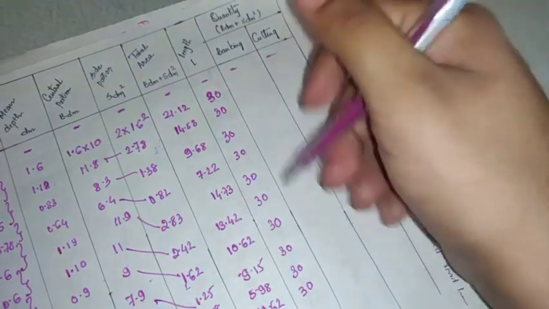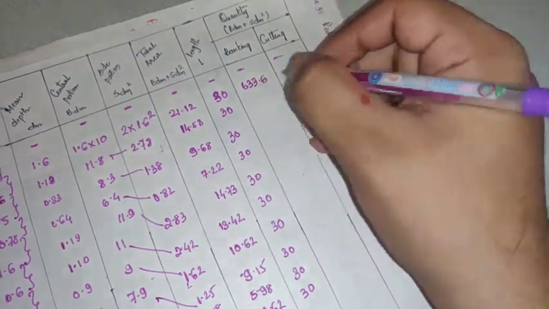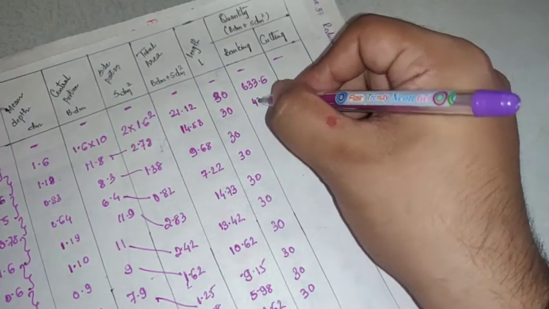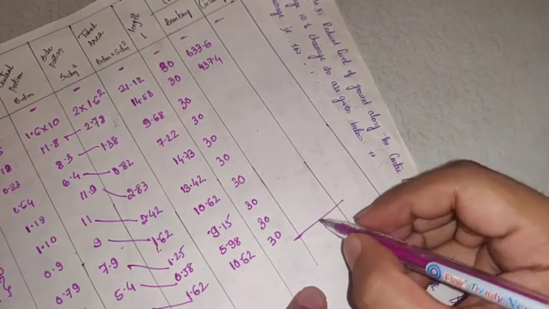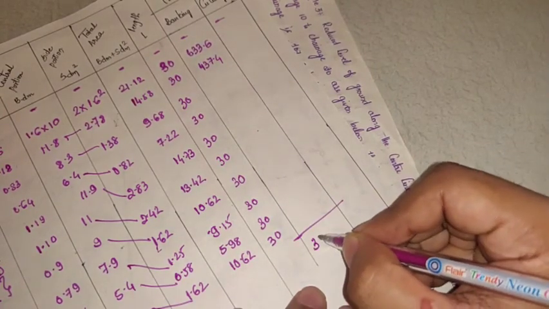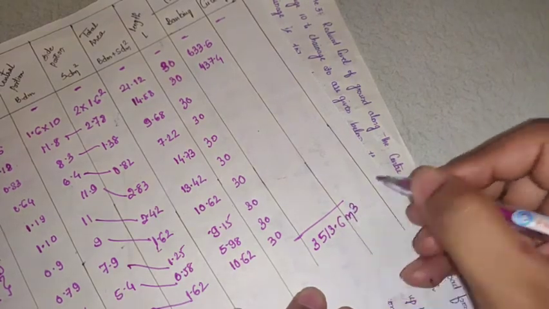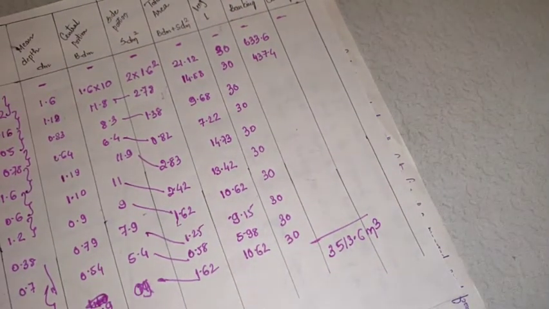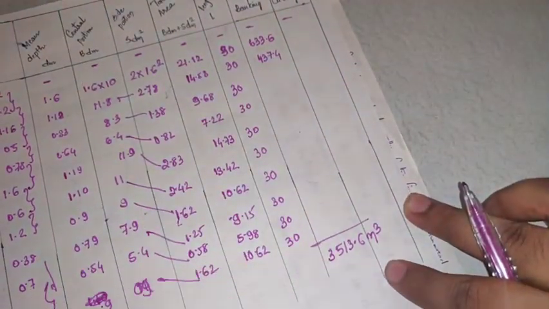Since all our quantities are in banking, go on writing here. So 633.6, 437.4 and so on. Then you will get the total quantity that is coming out to be 3513.6 meter cube. This is the quantity you get after multiplying all these and adding them.